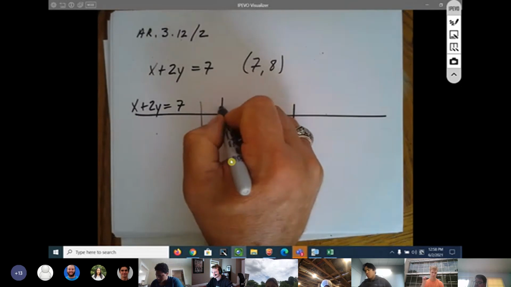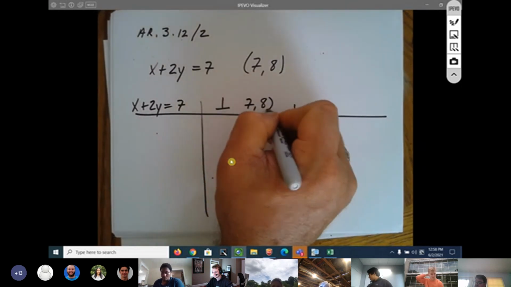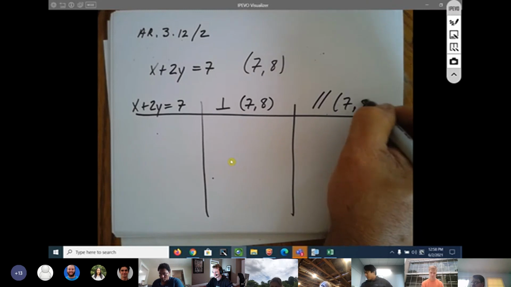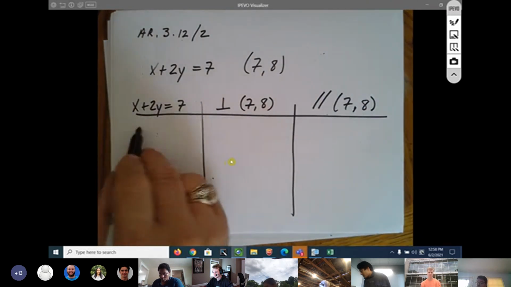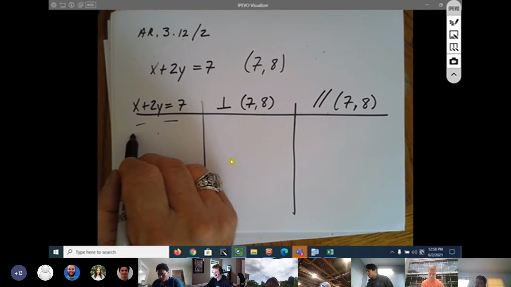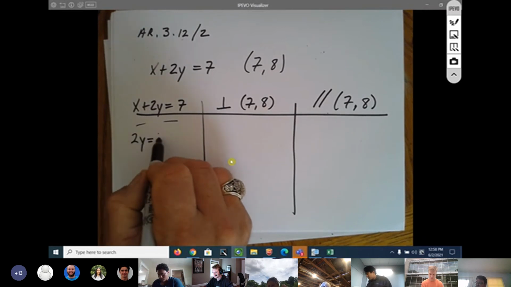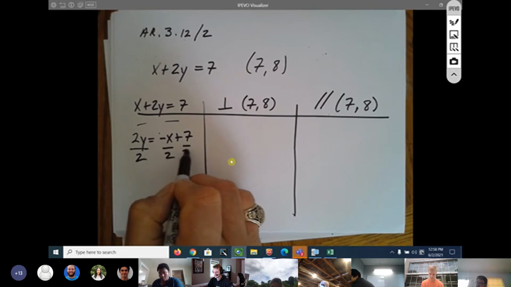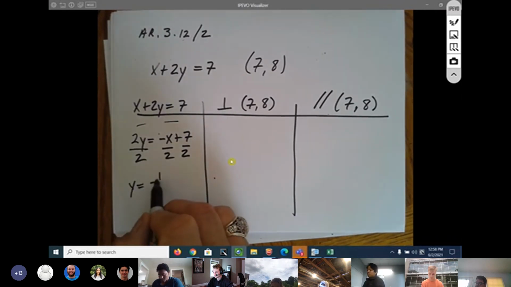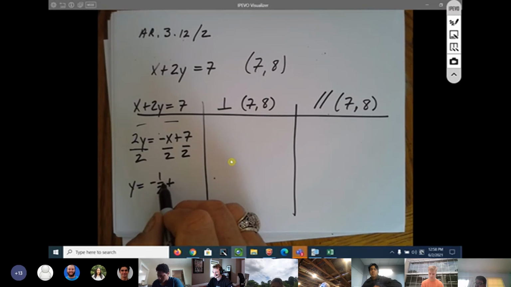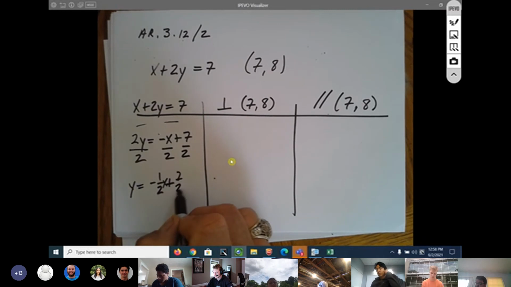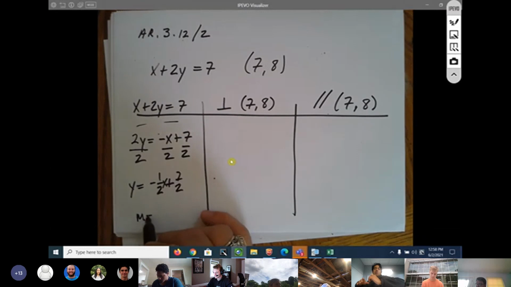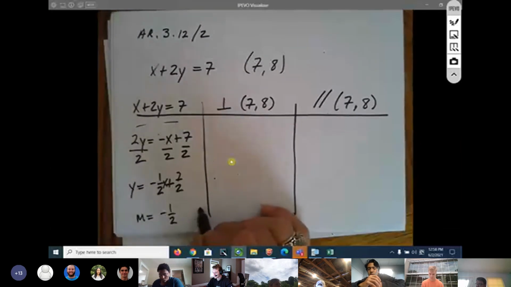And I would do perpendicular 7, 8 and parallel 7, 8 and solve for y. So 2y is equal to negative x plus 7, divided by 2. y is equal to negative 1/2 x plus 7/2. And m is equal to negative 1/2.